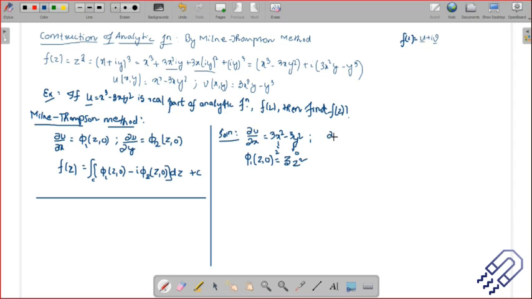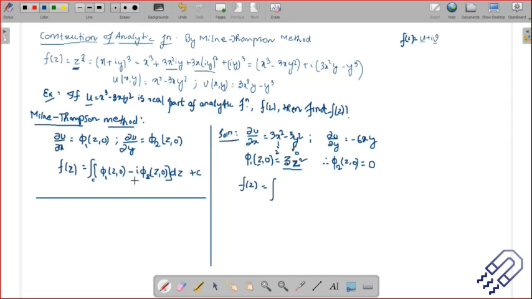And then we can find del u del y. See, this is not y, this is y. So it is minus 6xy. In place of y we'll put 0, so phi 2 becomes 0. So if we want to find the analytic function now, it becomes so simple here.